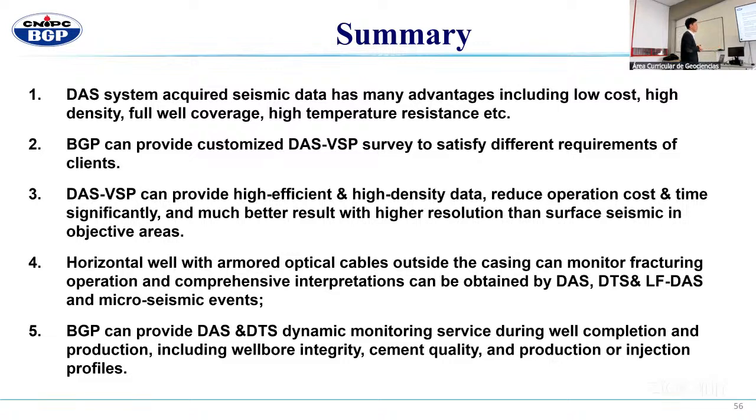And horizontal wells as well, with the fiber deployed outside the casing, can be monitored in hydraulic fracture operations, and by microseismic monitoring, production and injection monitoring as well. So that is all my presentation. Any questions?